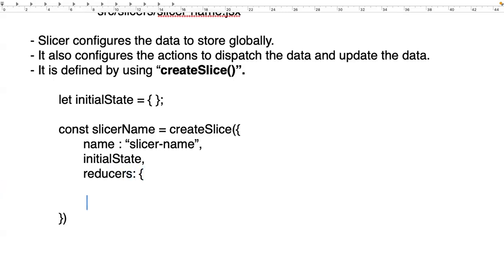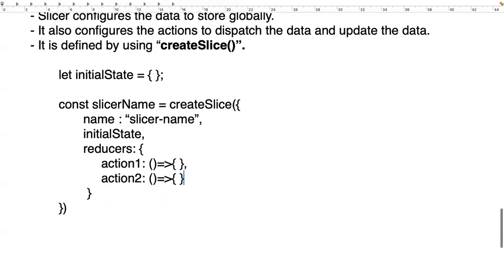And it will have reducers. Reducers is an object which contains action 1, what functionality it should perform, and action 2, what functionality it should perform. We have to define them.